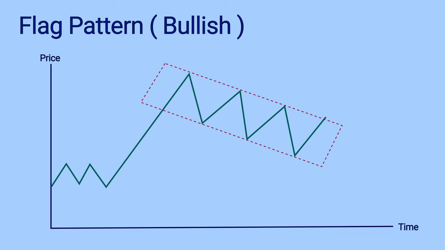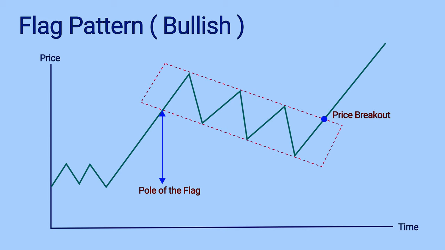Then after a certain point of time, the upper boundary of the parallelogram is breached. In the flag, the sudden up move that was there is the pole of the flag, and this downward-sloping parallelogram is the flag.